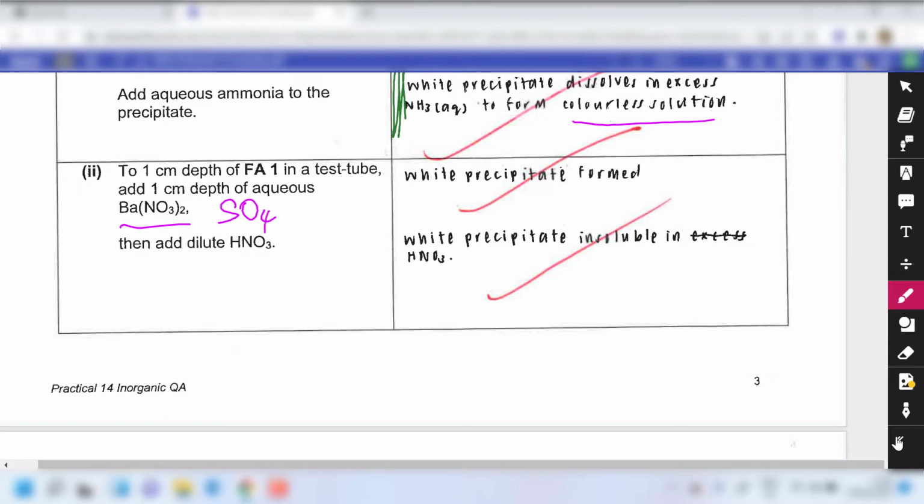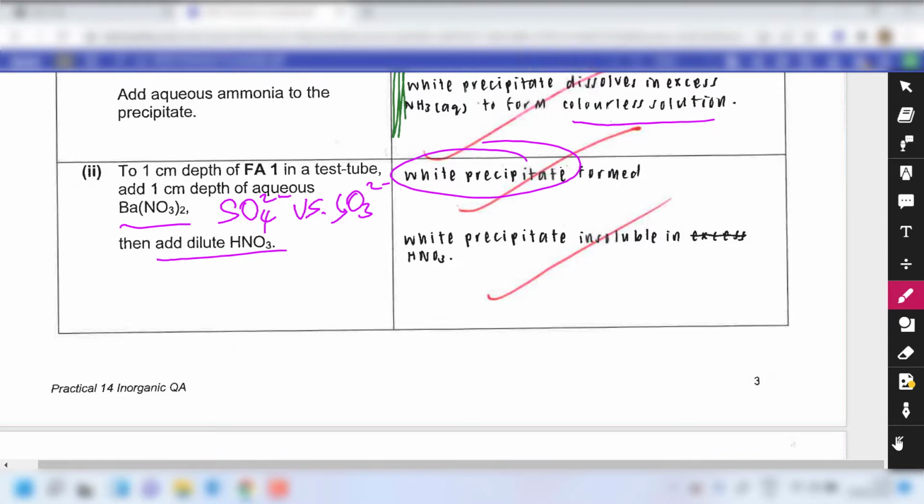So you need to take note of the difference between sulfates and sulfites, and both of them are white in color. Then how do we distinguish between the two? We distinguish the two by adding dilute nitric acid to the mixture and seeing whether the PPT dissolves or remains as a white PPT.